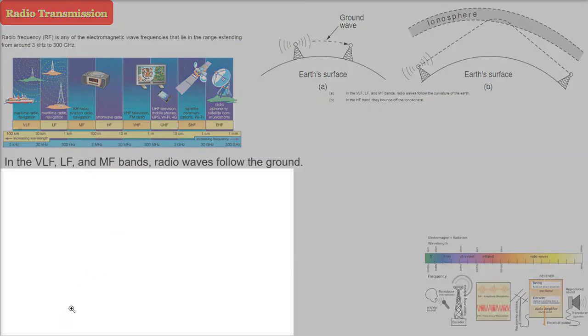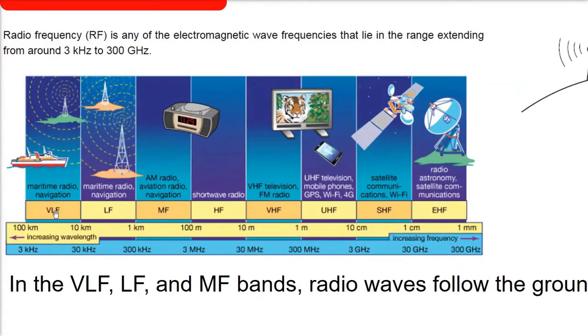In radio transmission, as I said, from 3 kHz to 300 GHz, there are different bands defined. These are VLF, LF, MF, HF, VHF, UHF, SHF and EHF. Very low frequency, low frequency, medium frequency, then high frequency, very high frequency, ultra high frequency, super high frequency, extremely high frequency.